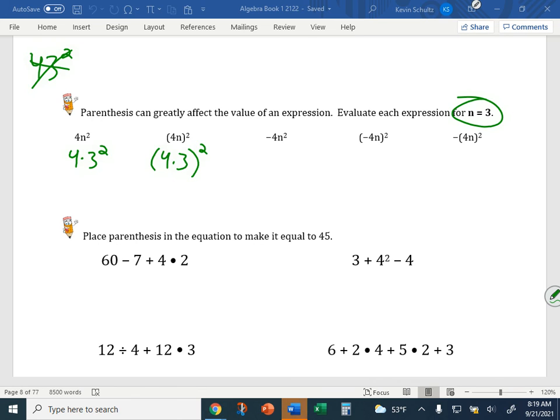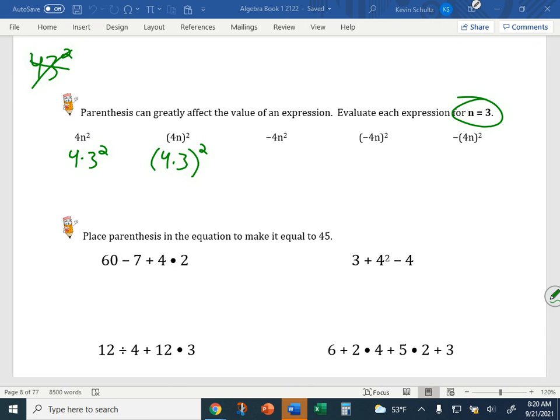And then the bottom section says place parentheses in the equation to make it equal to 45. So if we evaluate 60 minus 7 plus 4 times 2, the way it's written, we don't get 45. I want you to place parentheses to change the order of operations so that it does equal 45. Does anybody see what we would do here? Where would you put parentheses to make that equal 45? Arlene?